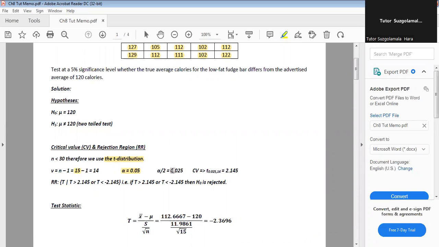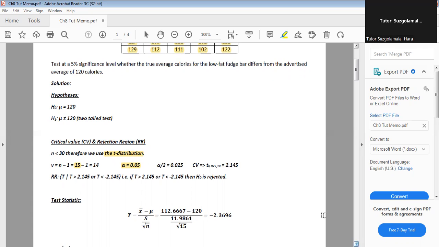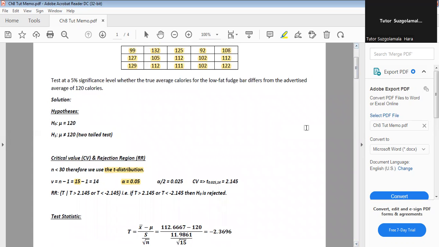You check on the table, and your alpha, you're going to divide by 2. Why am I dividing alpha by 2? Anyone?